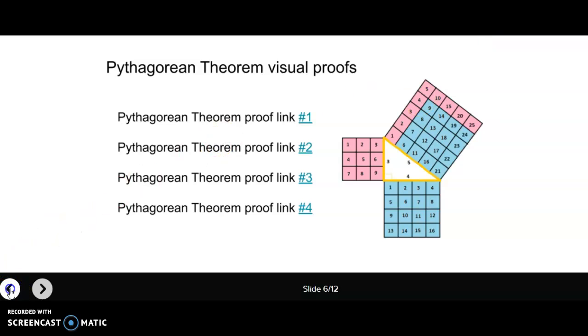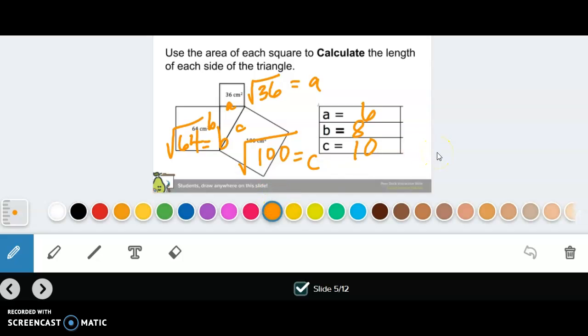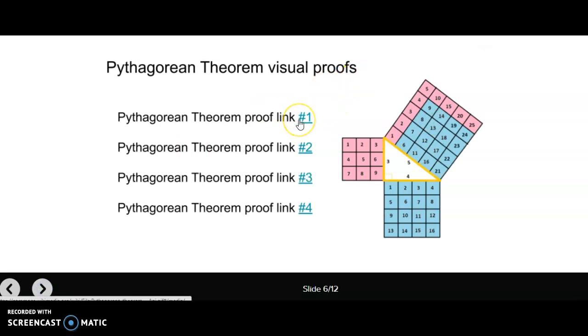So for instance, on this slide, if we add 36 and 64 together, we should get 100. Because remember our formula was a squared plus b squared equals c squared. Right? So if we add 36 and 64, it should give us 100. And that's what those videos are proving for you guys. So if you go ahead and watch those videos, it gives you a better idea of what we're actually trying to accomplish with that Pythagorean theorem. Okay?